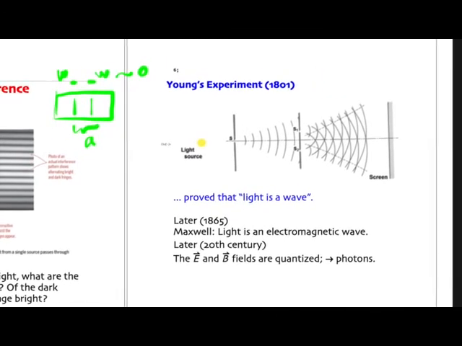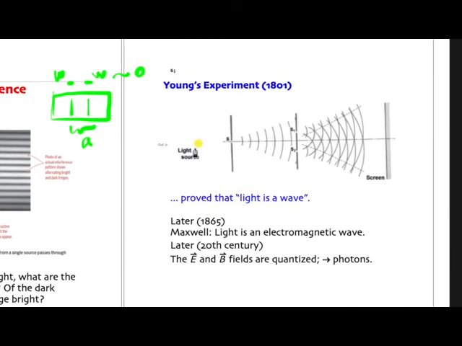You have light from a source. Thomas Young used the sun as the source. It passes through one slit, making plane waves, or almost plane waves, coming from that source. So here's an opaque screen with a slit cut in it so that the sunlight can come through.